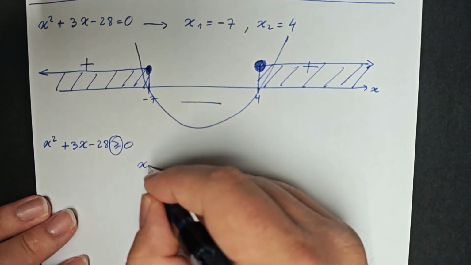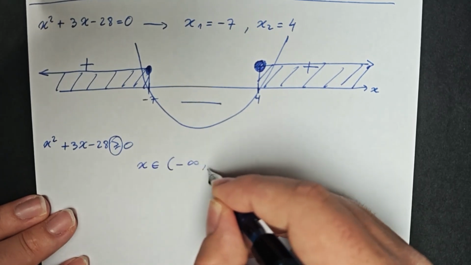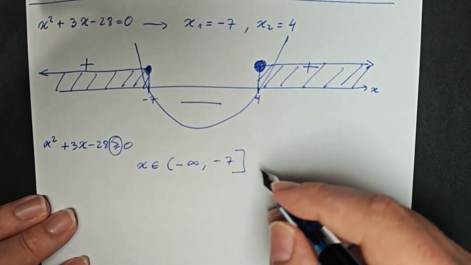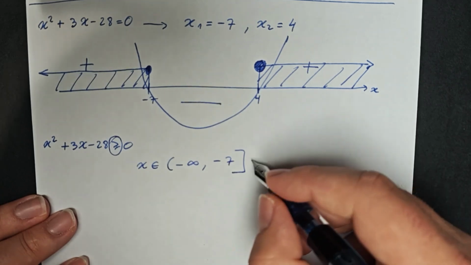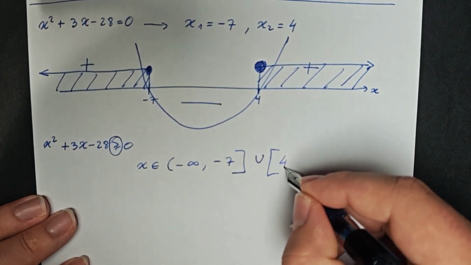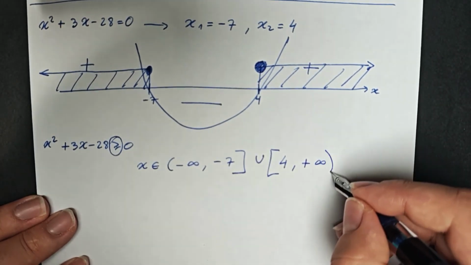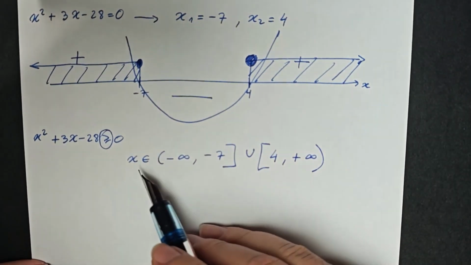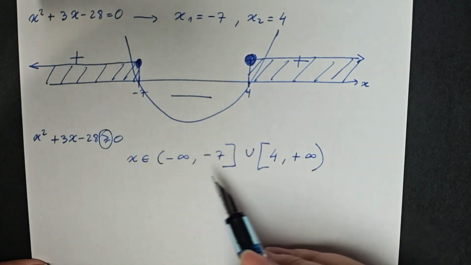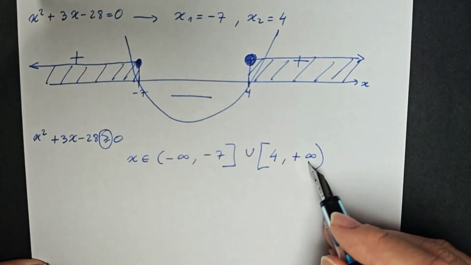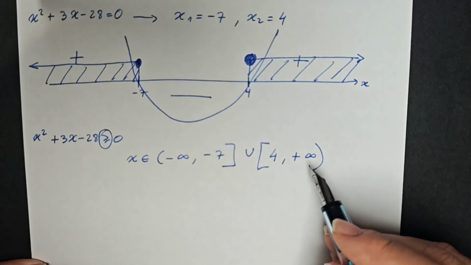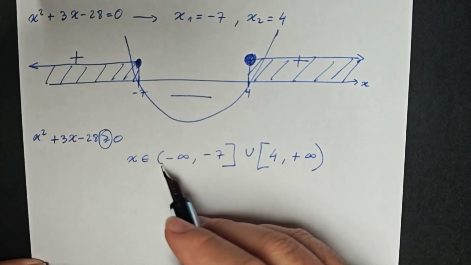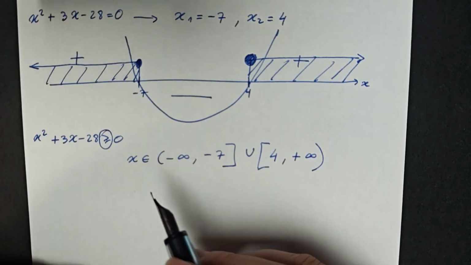So x is inside an interval from negative infinity to negative 7, negative 7 is included, union, number 4 is included all the way to positive infinity. And remember, we are looking only for finite dots. Negative infinity and plus infinity are not finite. That is why we can never include them in an interval.